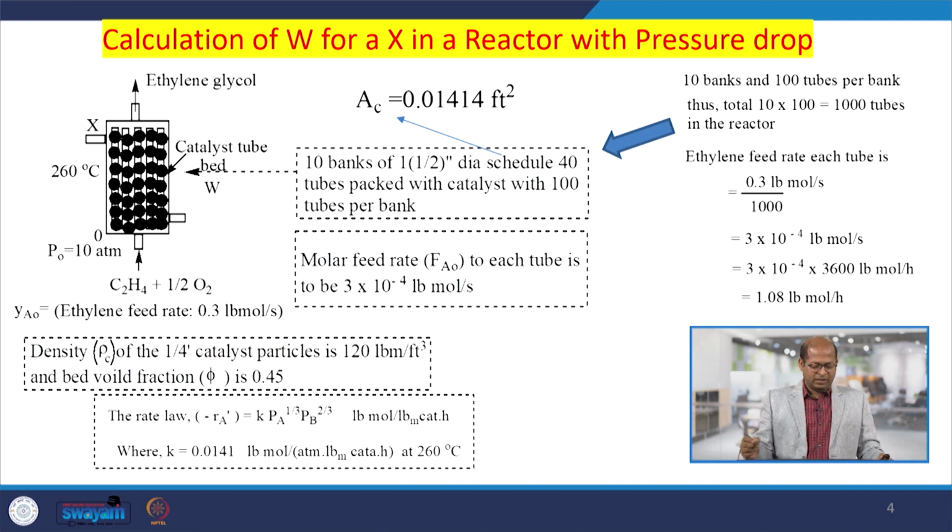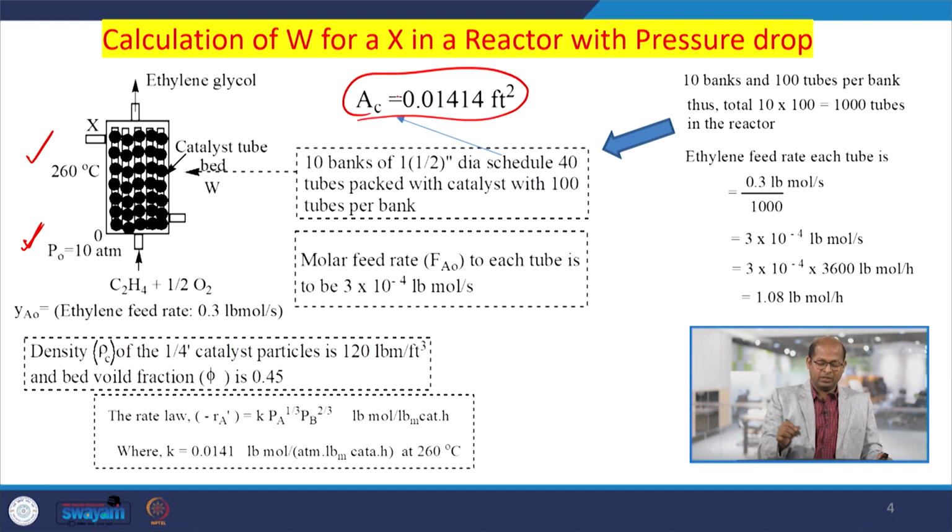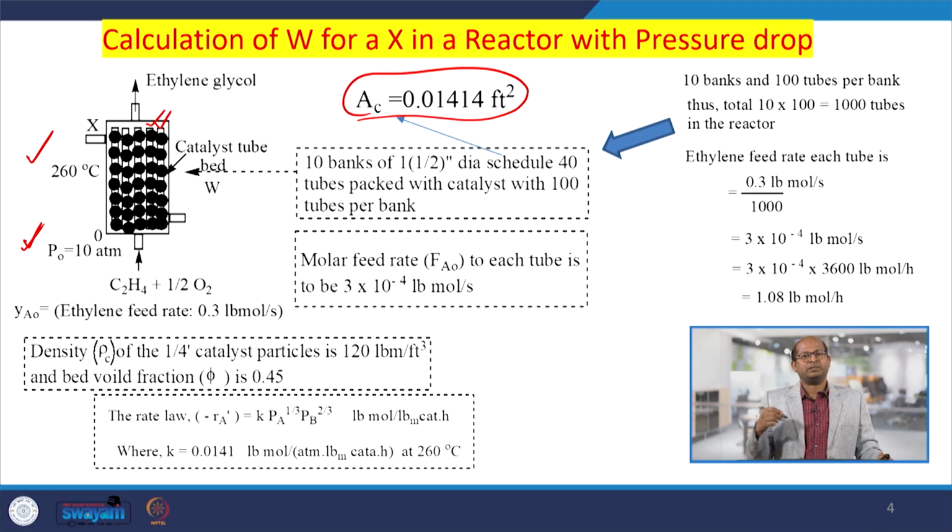Let us say the bed temperature, or reaction temperature, is given, and the pressure is given as 10 atm. Then there is the cross-sectional area Ac inside the catalyst bed. Small tubes are there, and inside those tubes the catalyst particles are placed, arranged inside the bed so that they are uniformly distributed in the reactor. There are 10 tube banks, and the diameter of each tube is 1.5 inch.